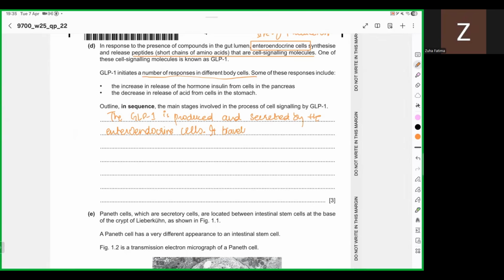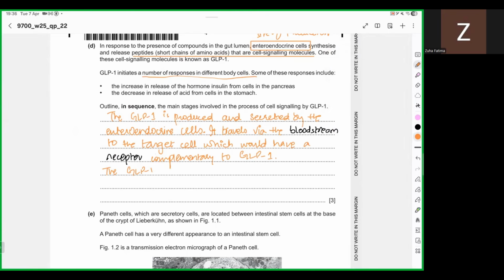It travels via the bloodstream to the target cell, which would have a receptor complementary to GLP-1.